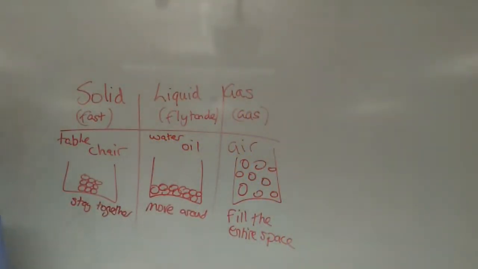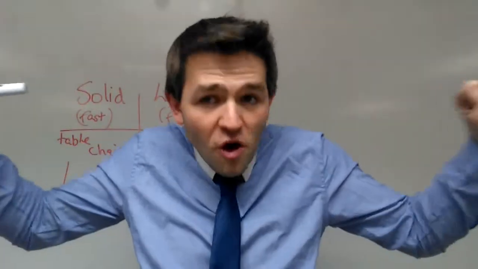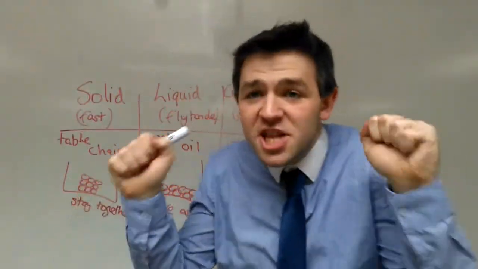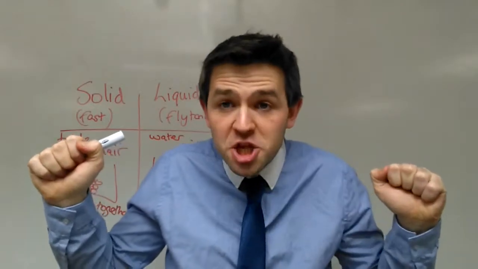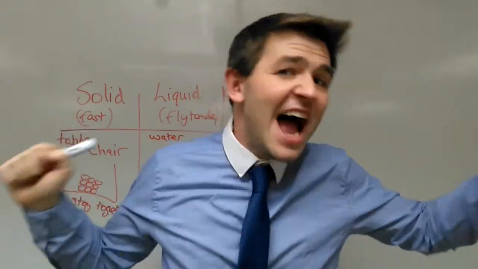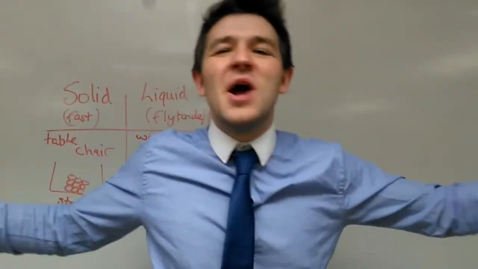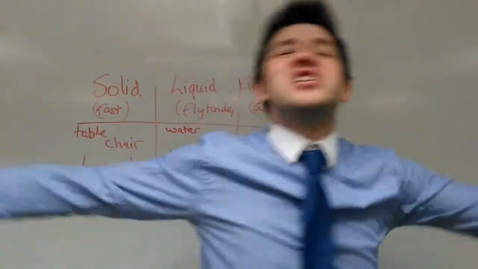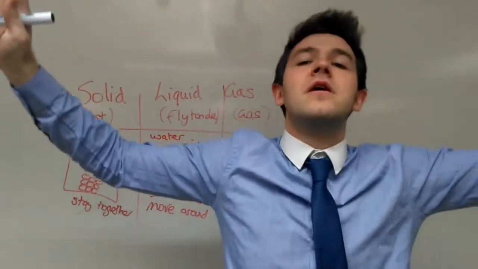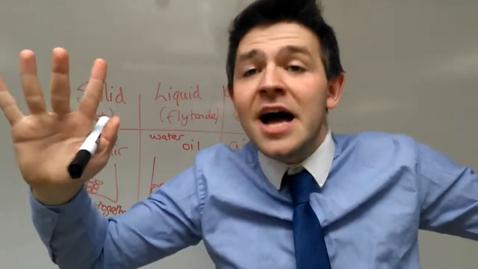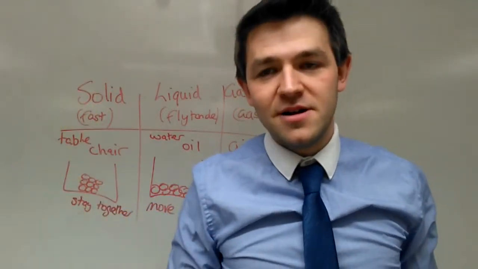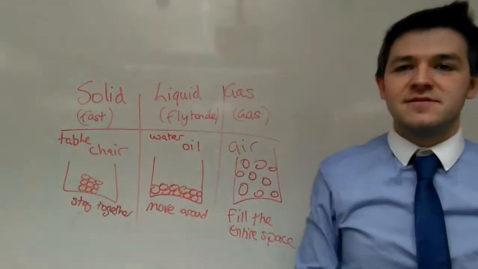If a solid gets too hot, those atoms here, they're touching each other, but I get hot. I need more energy. I do more shaking. I have more energy, more energy, more energy, and then, maybe I can't hold on anymore. And then I turn to liquid.